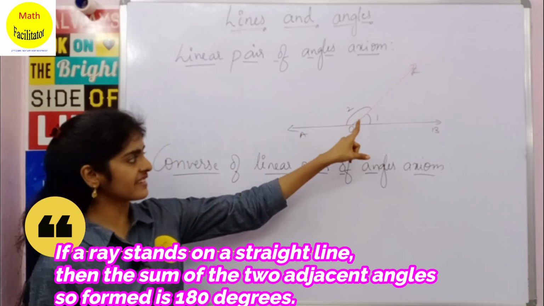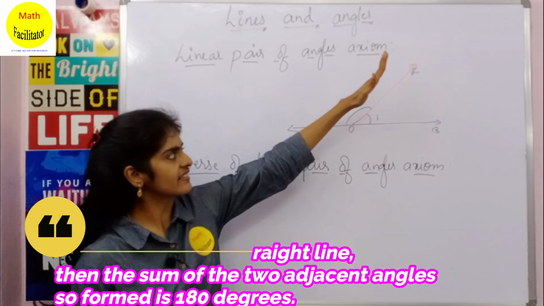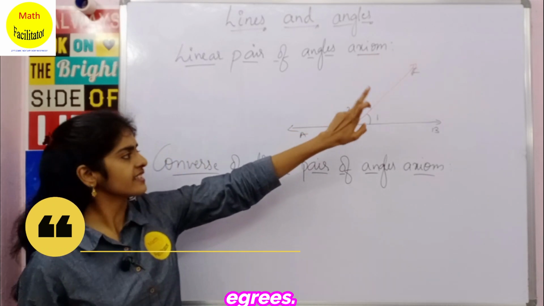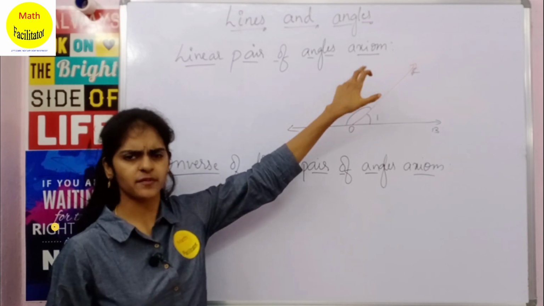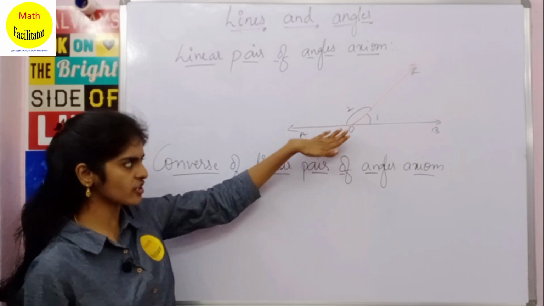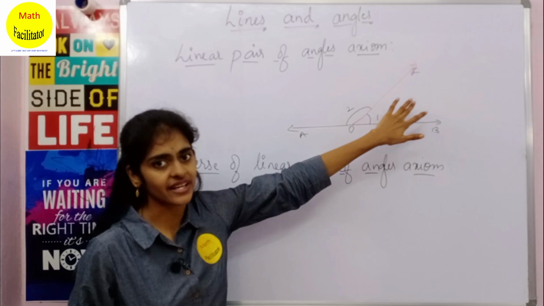Clear? So when a ray is standing on a straight line, the sum of the angles formed is supplementary, that means it is 180 degrees.